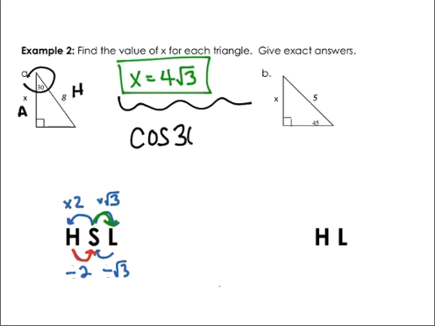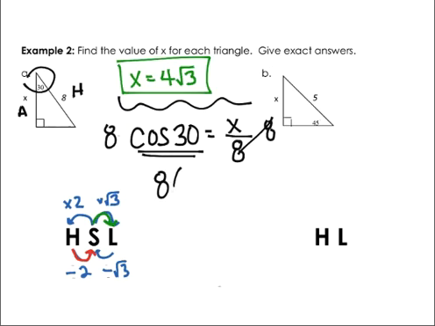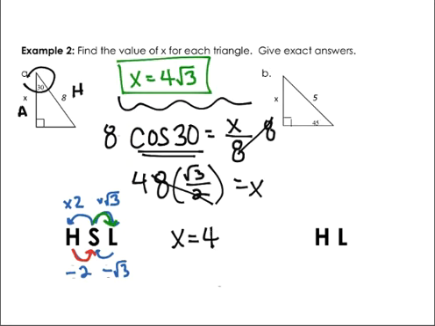Cosine of 30 is equal to my adjacent side over my hypotenuse. To get x by itself, I'd multiply both sides by 8. I've got 8 times the cosine of 30. If you use your calculator and type cosine of 30, you will see that it's radical 3 over 2, is equal to x. If you do this work here, 8 over 2 reduces to 4, and you're going to get the exact same thing, 4 radical 3. So, the 30, 60, 90 rules are just a shortcut to get it.